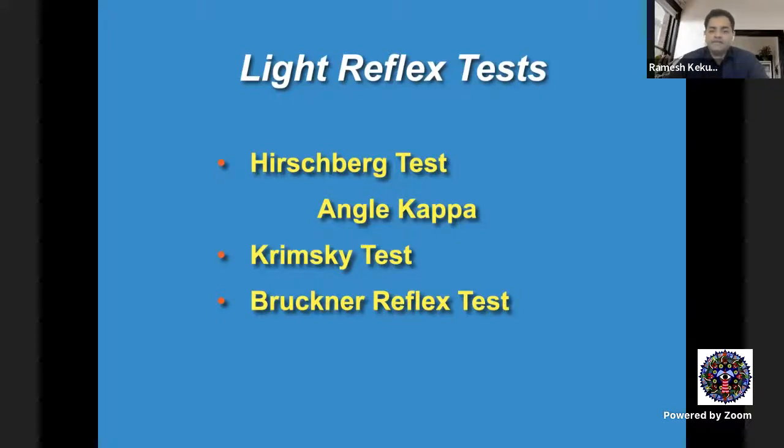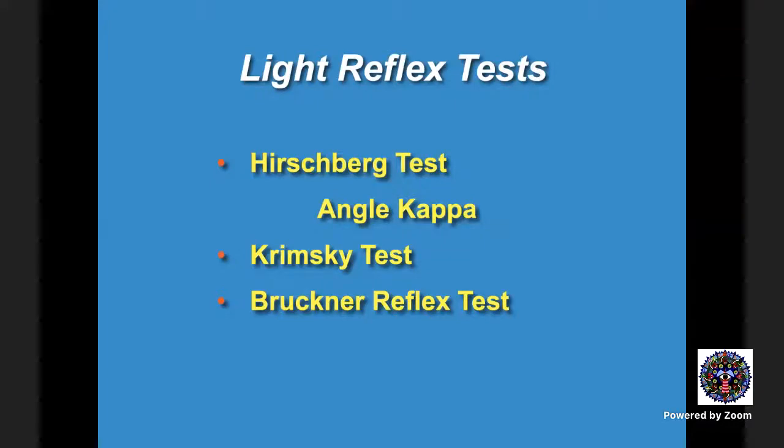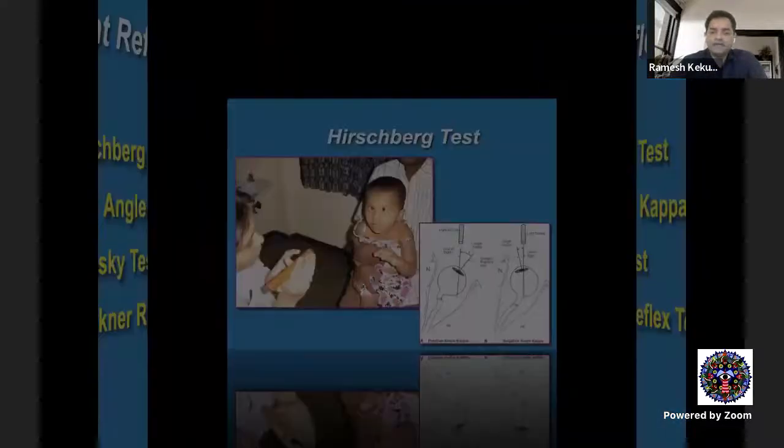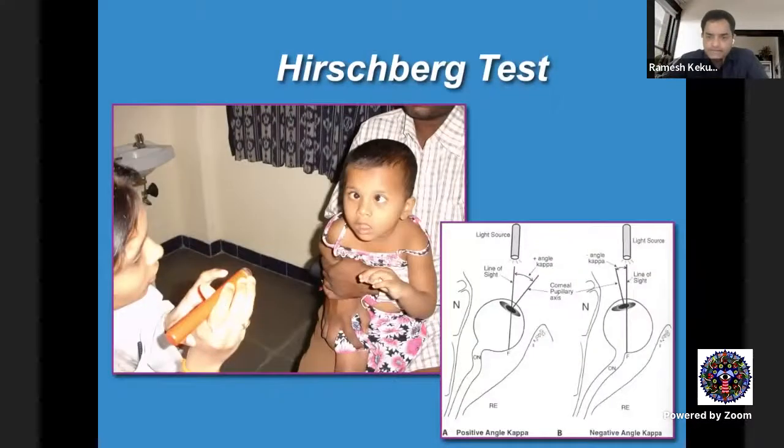In Krimsky's test and modified Krimsky's test, again, you use a light source and then check the deviation. And for Bruckner's test, you need to use a direct ophthalmoscope or any kind of ophthalmoscope.